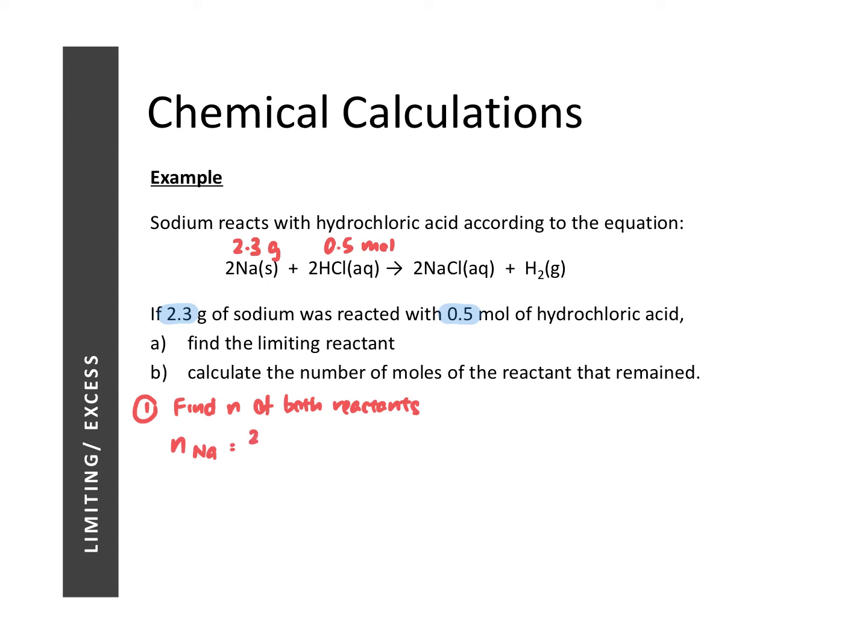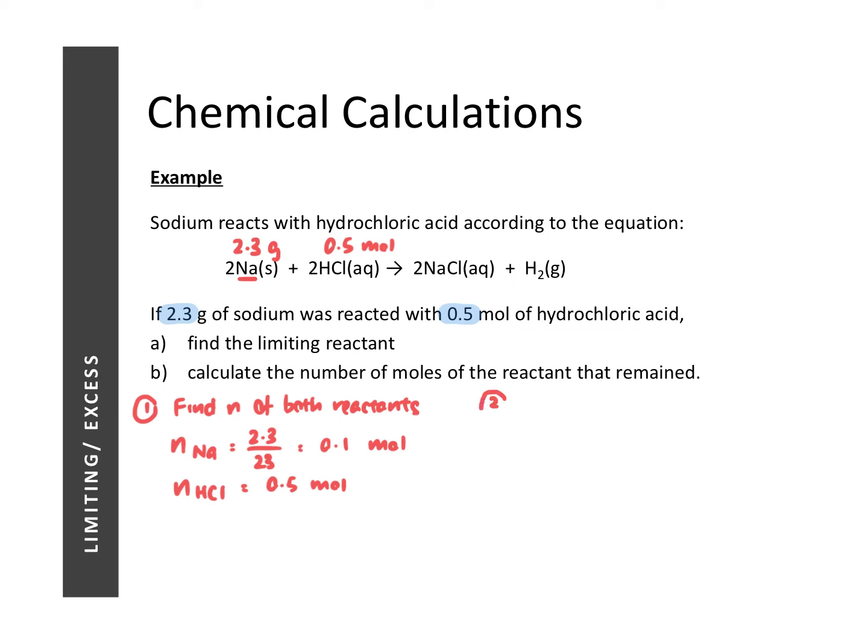By now, I hope you are already very familiar that given mass, we have to divide by molar mass to find number of moles of a particular substance. Okay, once again, when you find the molar mass of a substance, we do not consider the coefficient, meaning the big number in front of the substance. The number of moles of hydrochloric acid is already given in the question, so there's no need for us to find it. So we have completed step 1, which is to find number of moles of both reactants.